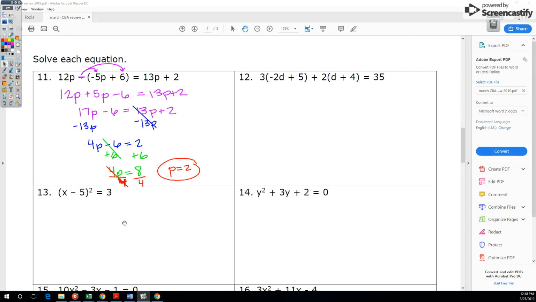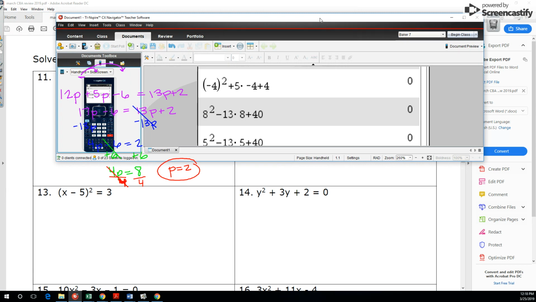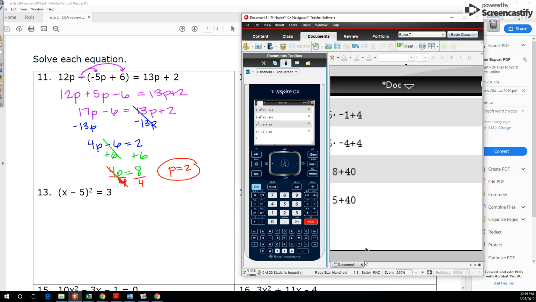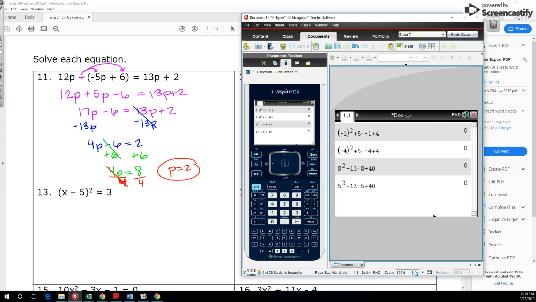Now, what I can do is take my calculator and show that this is the solution. Let me zoom out here.